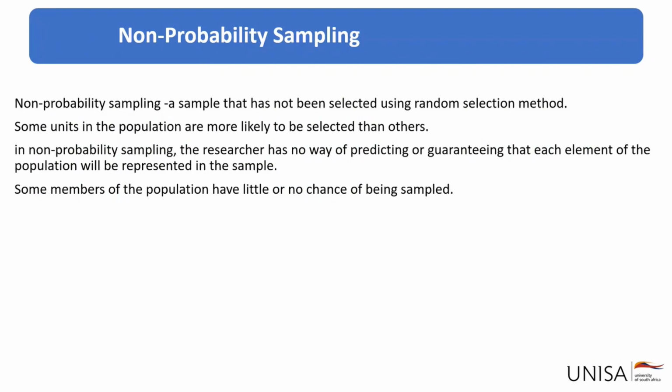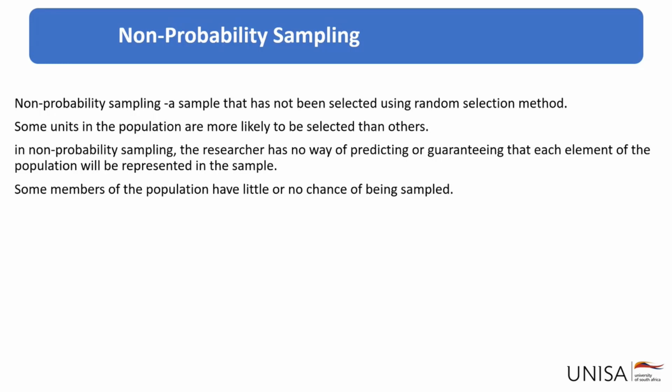Please take note, you can use both probability and non-probability in the same study, where you use random, but also non-probability and any of the types that are applicable. So you can use both methods, or you can pick one method. It's still allowed.